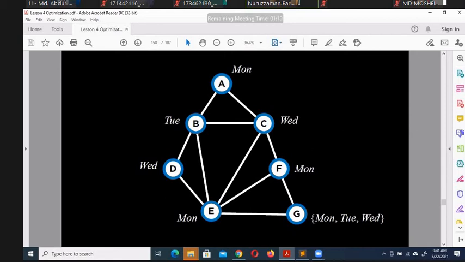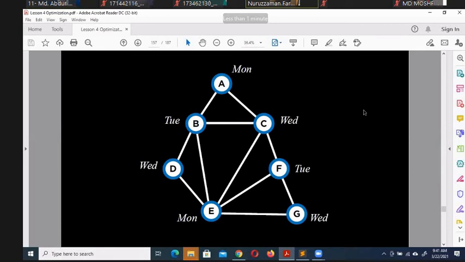Let's start moving forward. Now we can take Monday here, but if we take Monday, it is not satisfying. So instead of Monday, let's pick Tuesday. And instead of Monday here, let's pick Tuesday. Again, the violation, now Wednesday. So this is how we can optimize this students' problem.